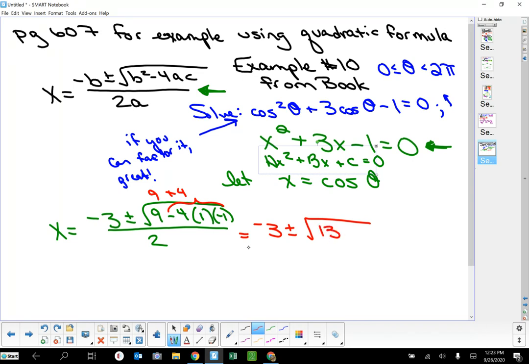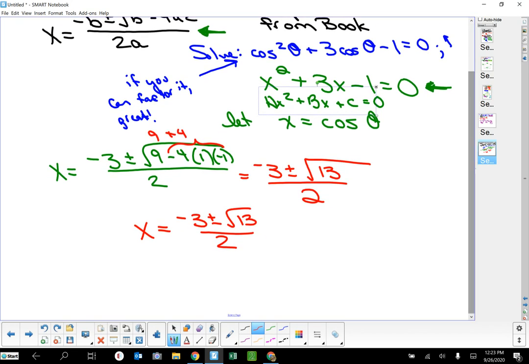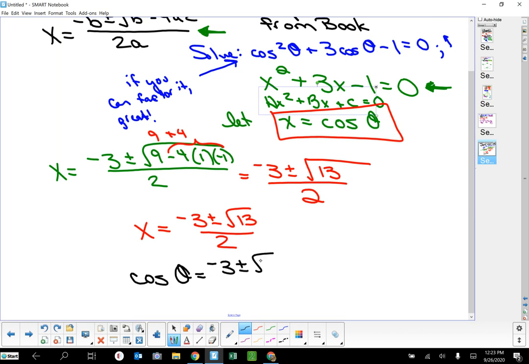So this is going to be a 13 in here, all over 2. So we now have x equals negative 3 plus or minus root 13 over 2, but remember that x equals cosine theta, so really cosine theta equals negative 3 plus or minus root 13 over 2, just by straight substitution. That's all that happened there.